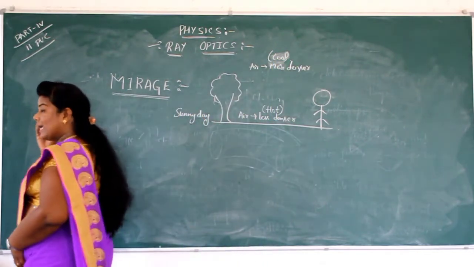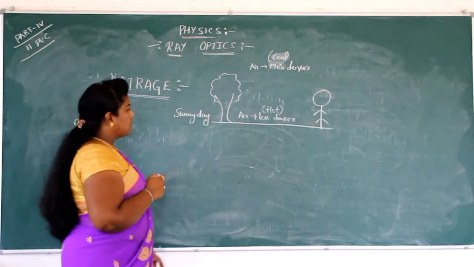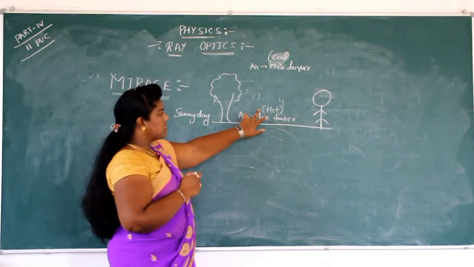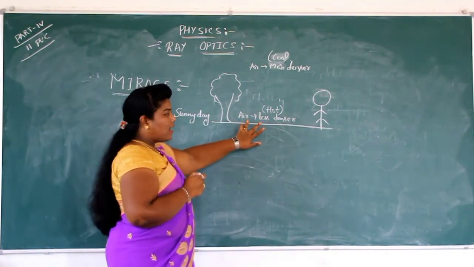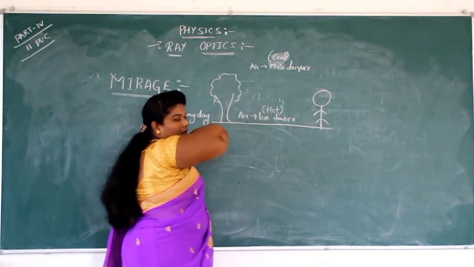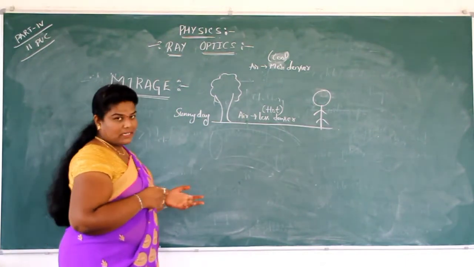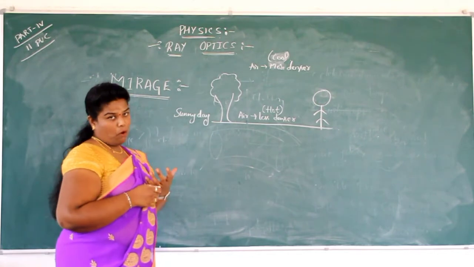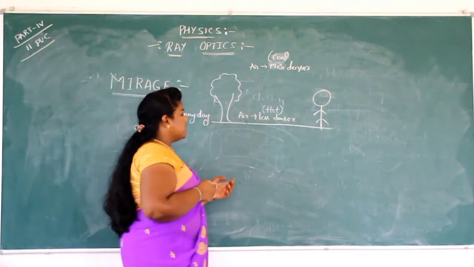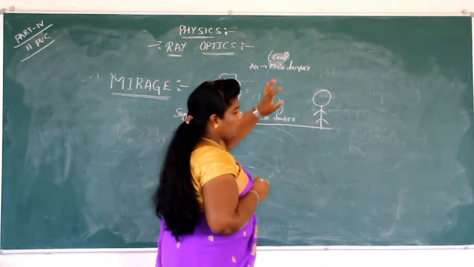The air layers are hot near the earth's surface and cool at the upper surface. If it is hot, the heat is more, so the density obviously reduces. So the air near the ground is less dense compared to the air above the ground.